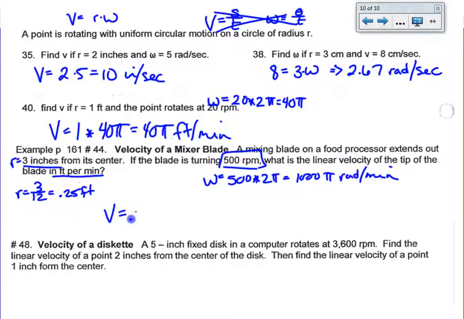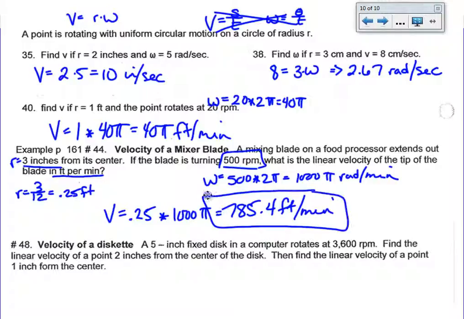I could take my radius, which is now in feet, times my angular velocity, and I get, let's see, I gotta recalculate this, because when I first keyed this, I forgot to convert to feet. I'm gonna do a decimal. Okay, 785.4 feet per minute. That's pretty fast.